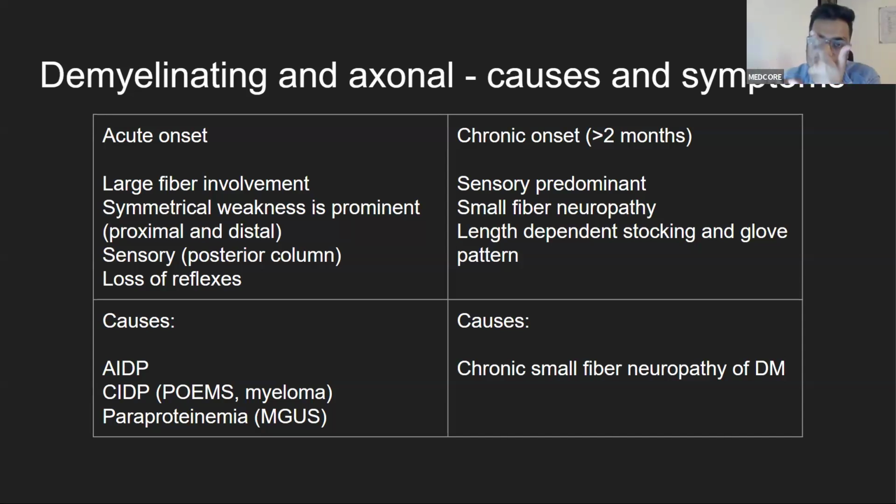Cauda equina means that from the spinal cord, when the nerves are going, the sacral and the lumbar nerves both are being affected. That is why it is a lower motor neuron. Bilateral or unilateral? Cauda equina should be unilateral, no? It is asymmetric. And peripheral neuropathies are always bilateral. That is a key difference.